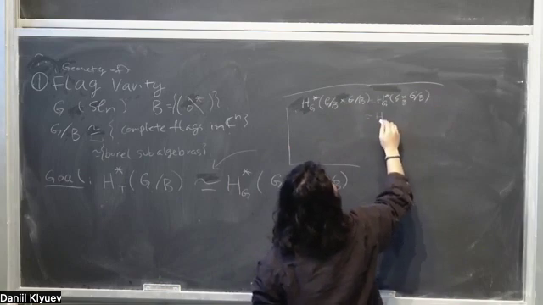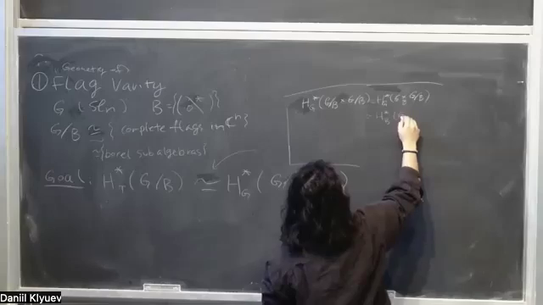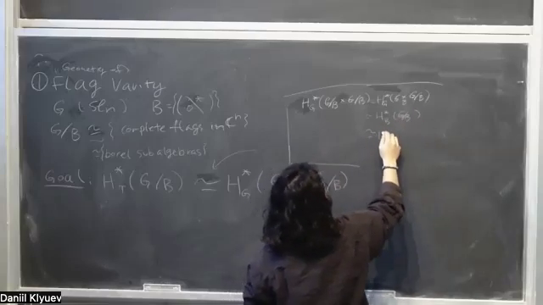Same as here, you can cancel the G's. And B retracts to T, so.